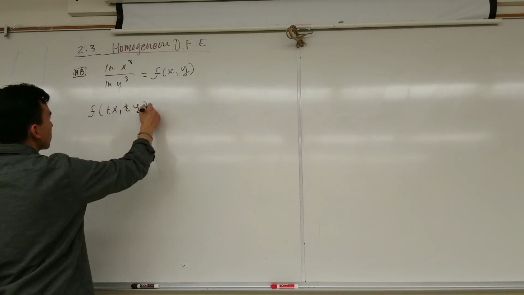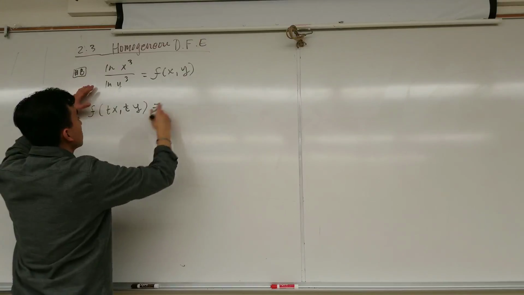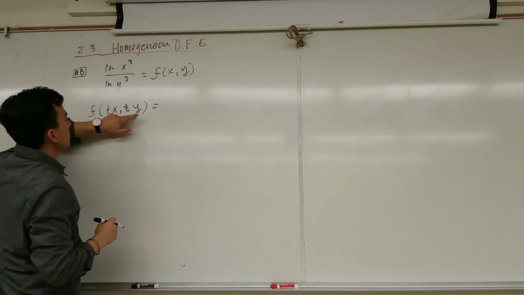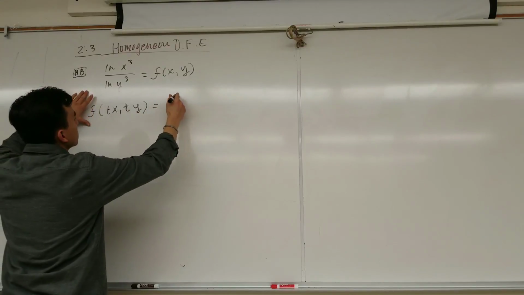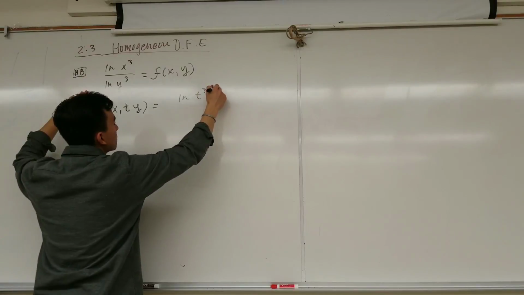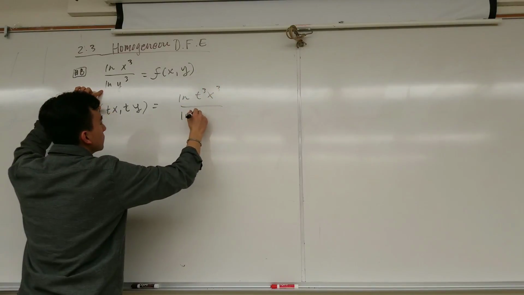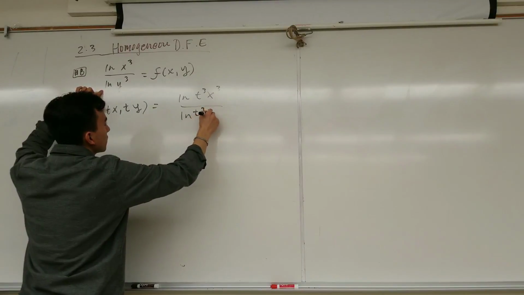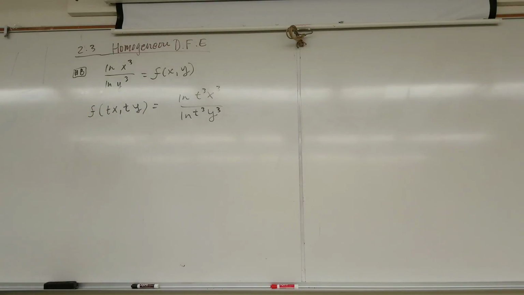For every x, I'm going to put a t cubed, right? And for every y, I'm going to put a t cubed. So, natural log of t cubed x cubed, natural log of t cubed y cubed. Great. Okay, so now what do we do?